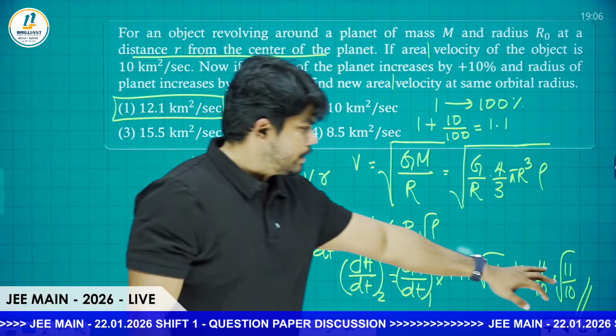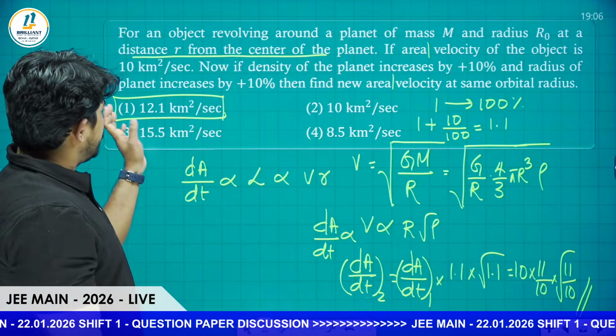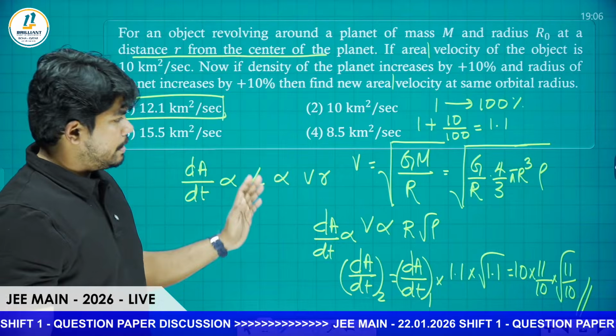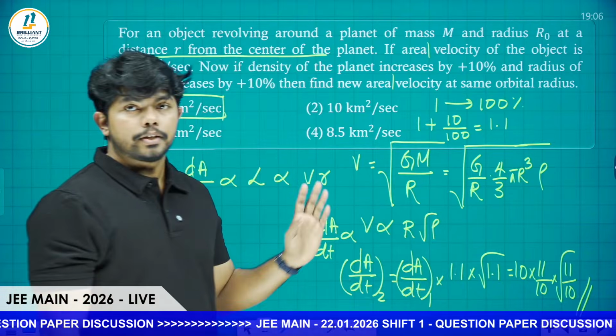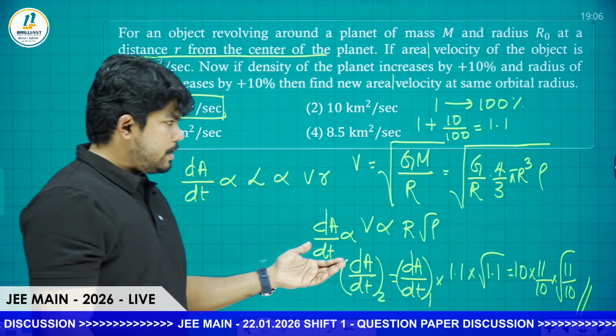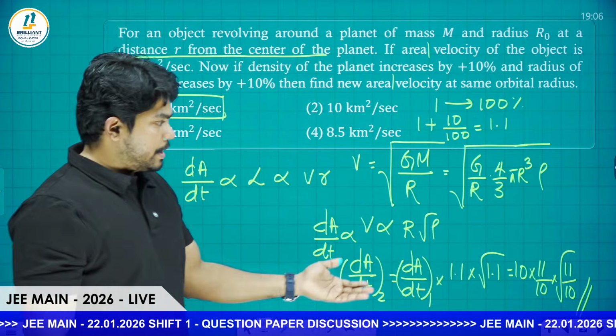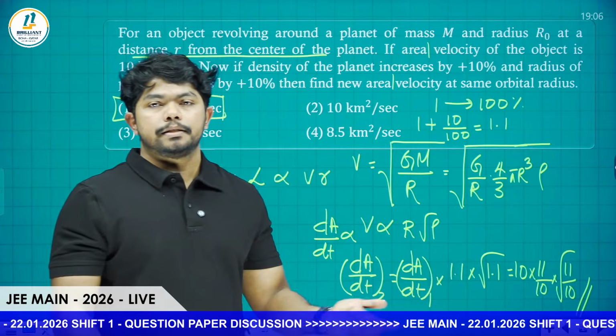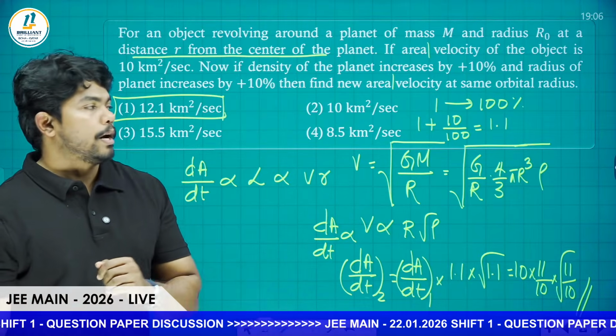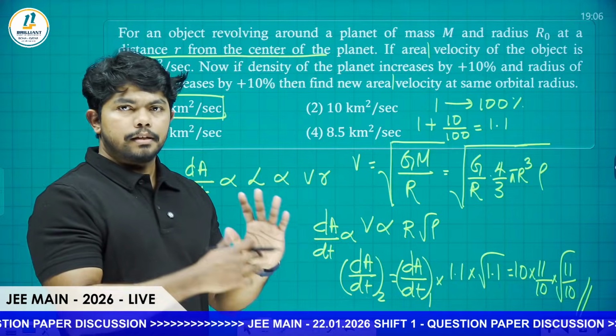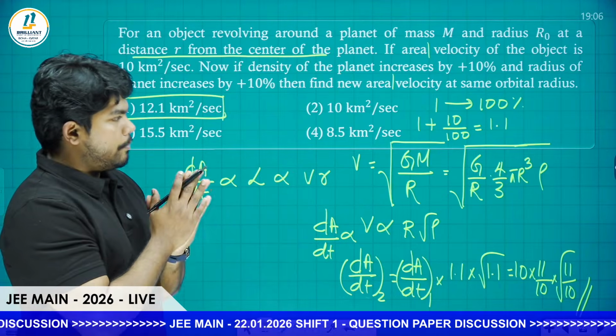Around that value. I am not sure about the values themselves, but this is the way in which we can solve it. You can find a lot of questions coming from Kepler's law, like the time period distance relation, T squared is proportional to r cubed, and arbitrary questions like any you have practiced.